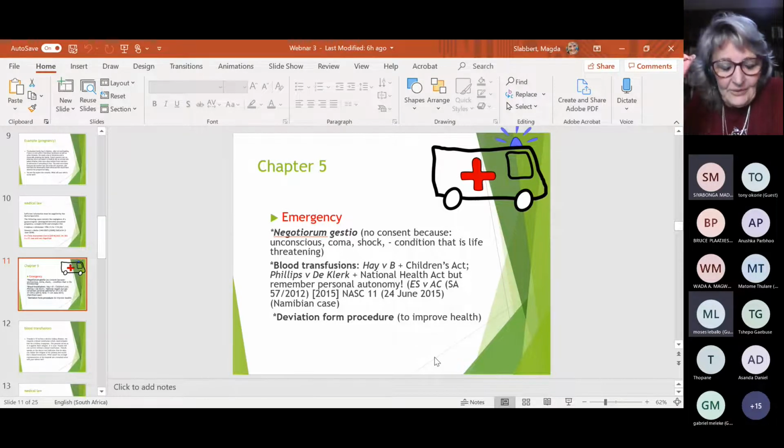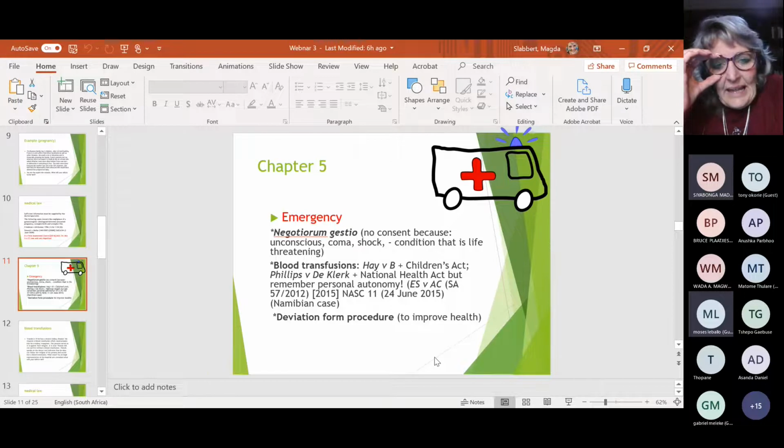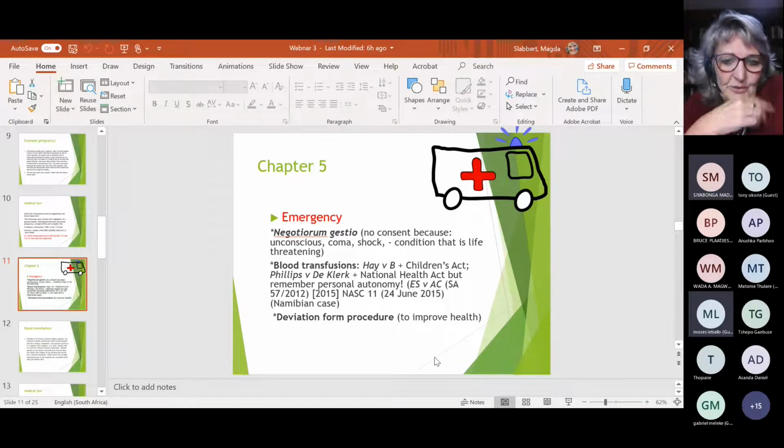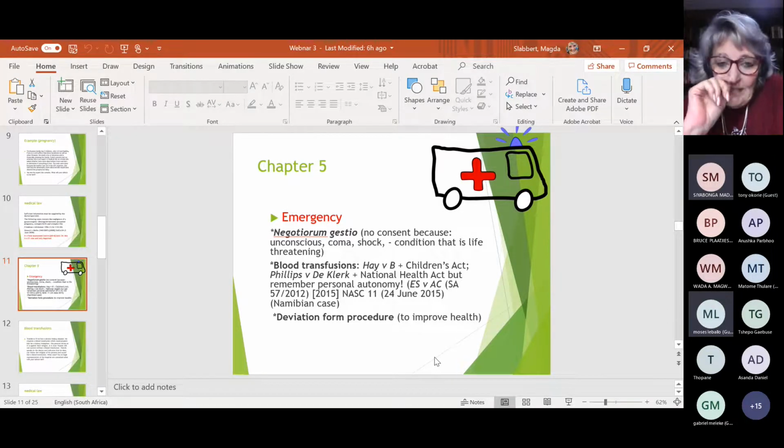Adults. If it is children, you will sometimes find in hospital that a child that's now below the age of 12 needs a blood transfusion urgently in order to save his or her life, and then the parents refuse and say, but they are from the Jehovah's Witness faith and they are against a blood transfusion.